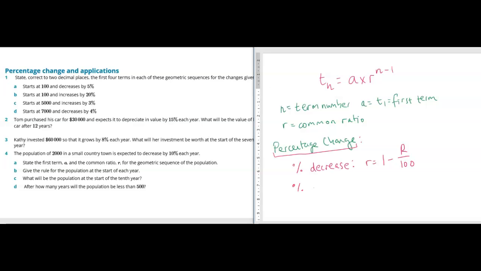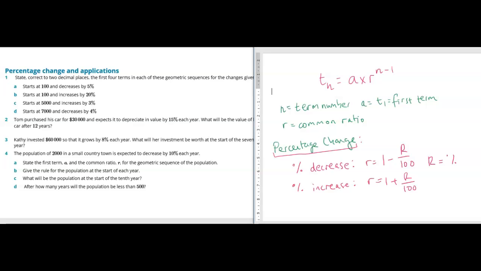And percentage increase, R is equal to 1 plus R over 100, where R is your percentage.